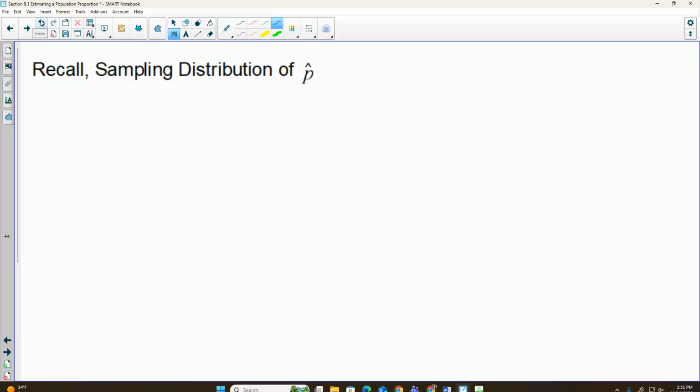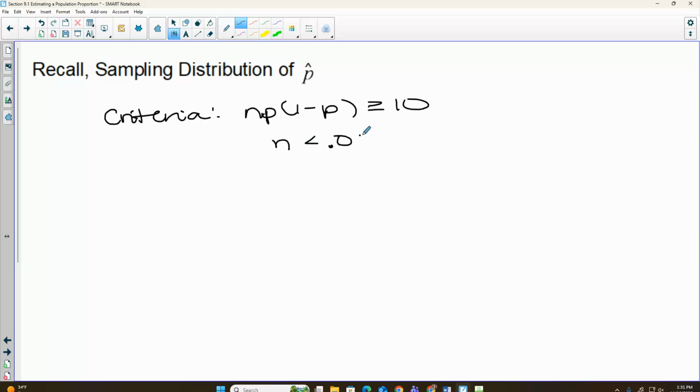The things we know about p-hat, so we were using this on our quiz. If I say describe the sampling distribution, we always have our criteria. What are the criteria for p-hat? This is a review. n times p and n times 1 minus p are at least 10, and the sample is less than 5% of the total population.